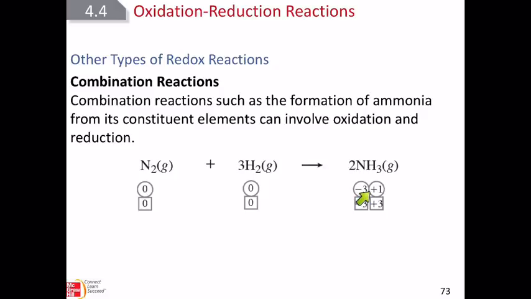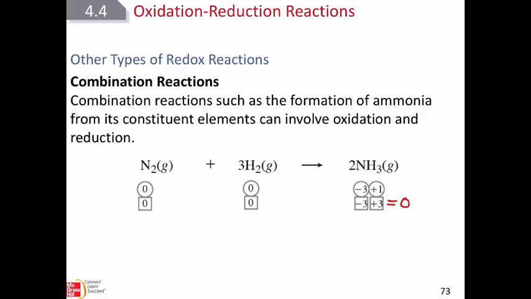Hydrogen wants to be +1. There are 3 hydrogens, so a total of +3. And then for this molecule with an overall 0 charge, those oxidation numbers have to add up to 0. So we had +3 from the hydrogens. That means that the other side must be -3. There's only 1 nitrogen in there, and so it's -3.